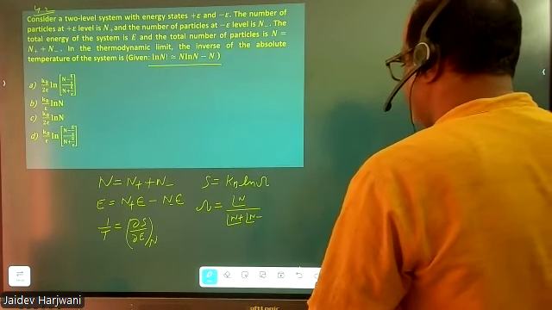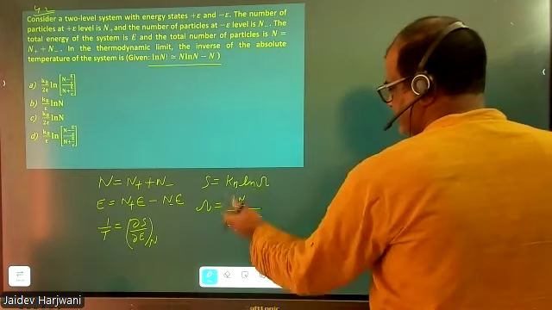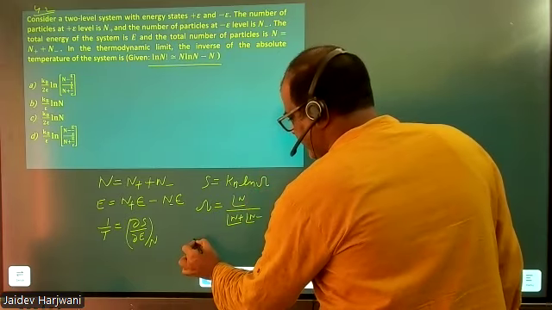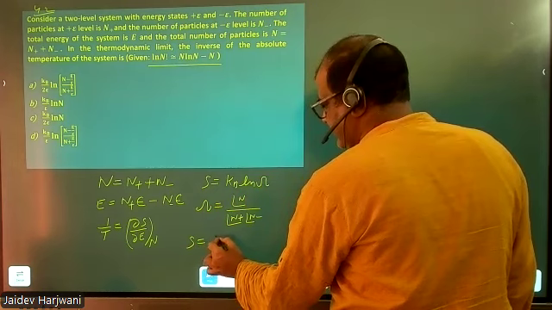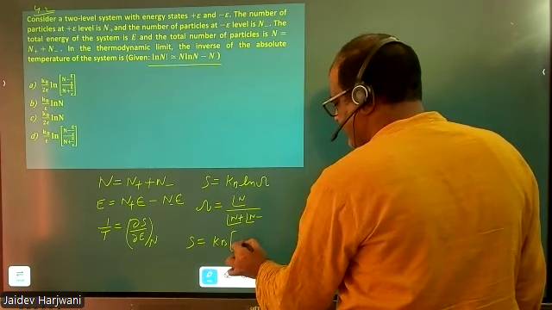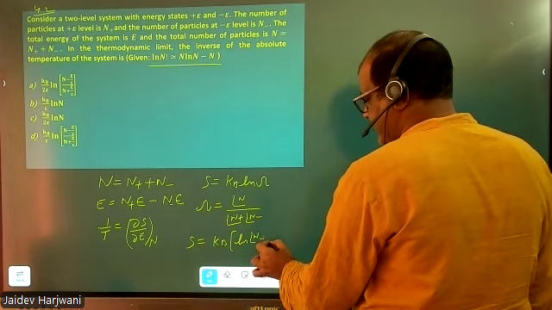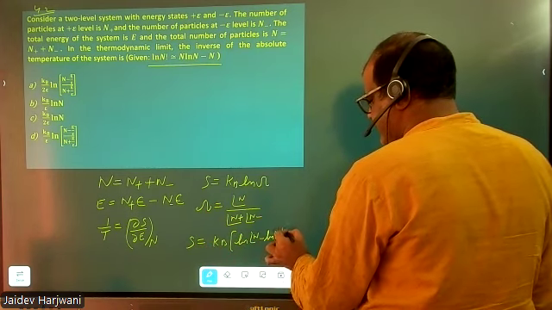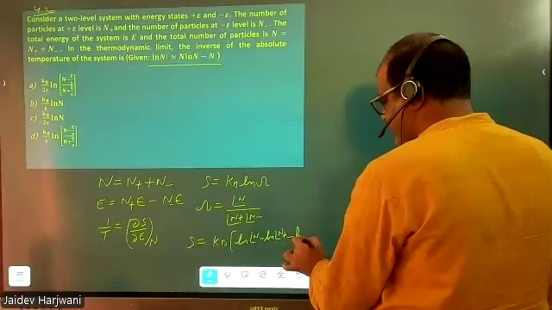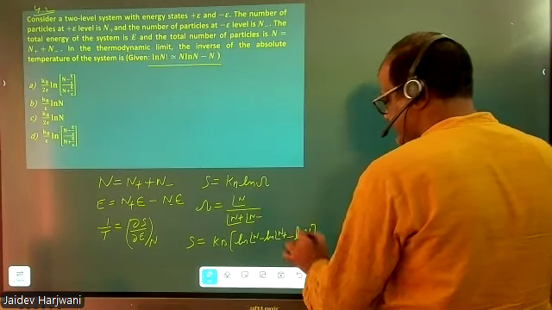Once I know this one, I can put this value in this one, so I can write my s will be kb ln n, okay, minus ln n plus minus ln n minus.